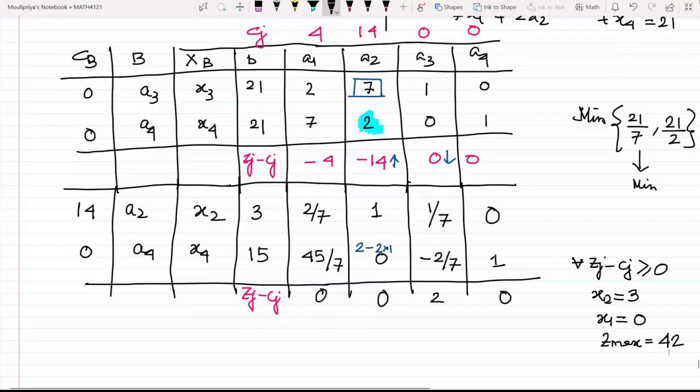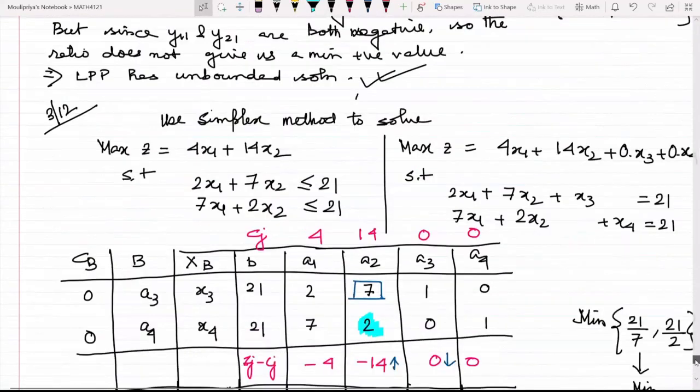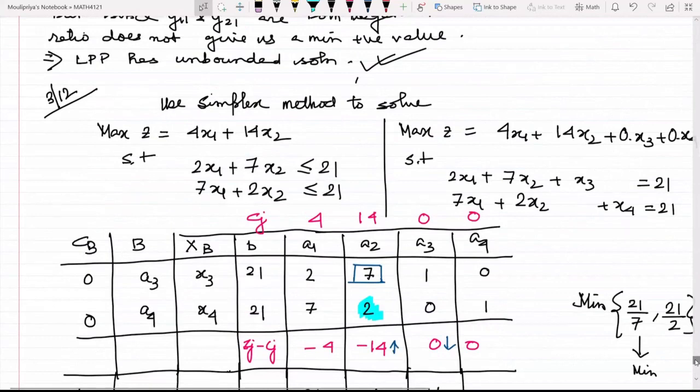Now, if I take a look at the pattern, see, the thing is, we need to maximize the objective function, and this has got the same slope, right?